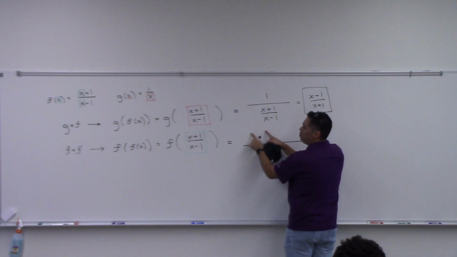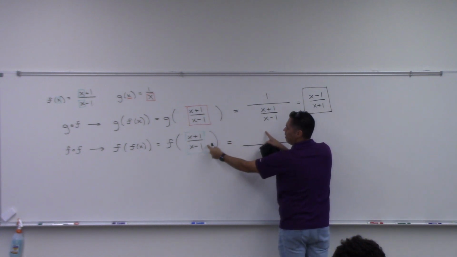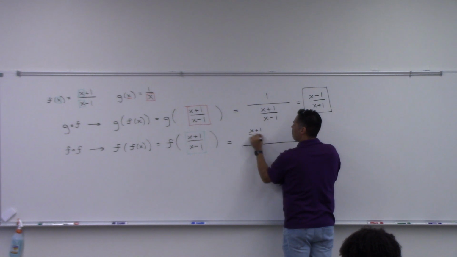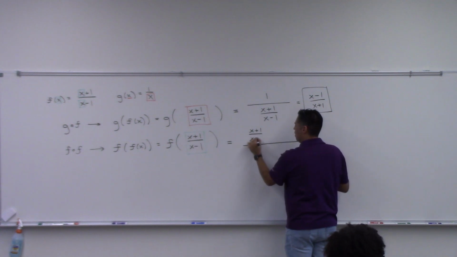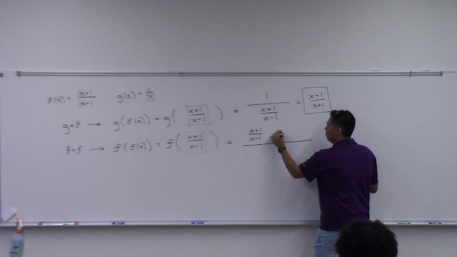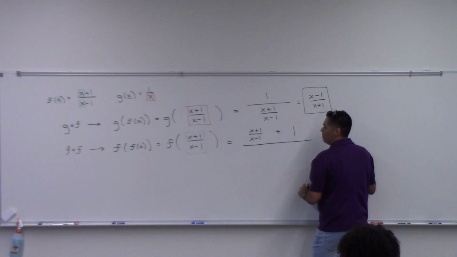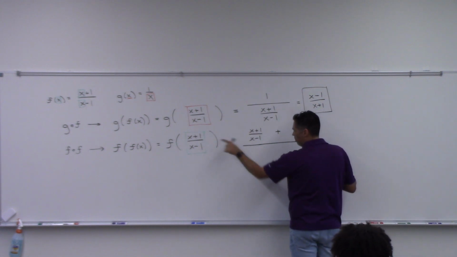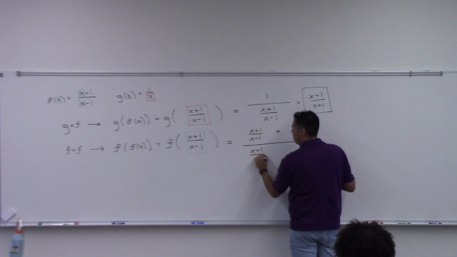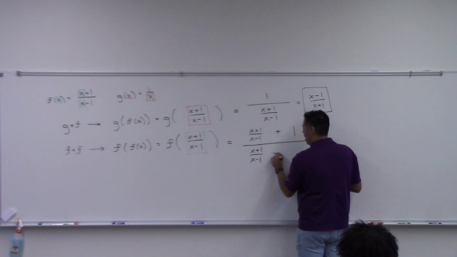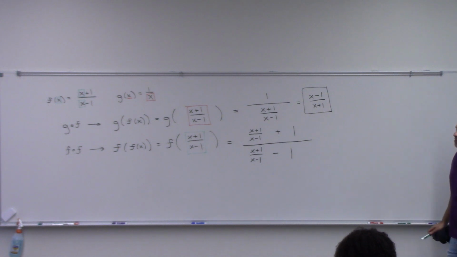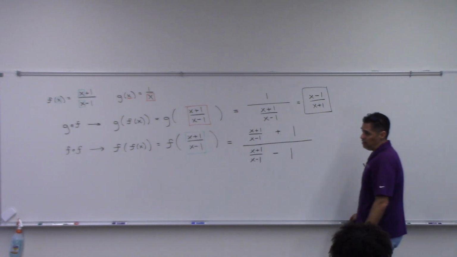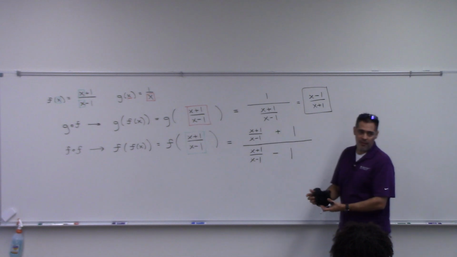The top left corner is x plus 1 over x minus 1, and then plus 1. And then the bottom is also another x, so replace it with that, x plus 1 over x minus 1 minus 1. And we're done. Well, that is technically correct. This is not wrong. That is f of f.